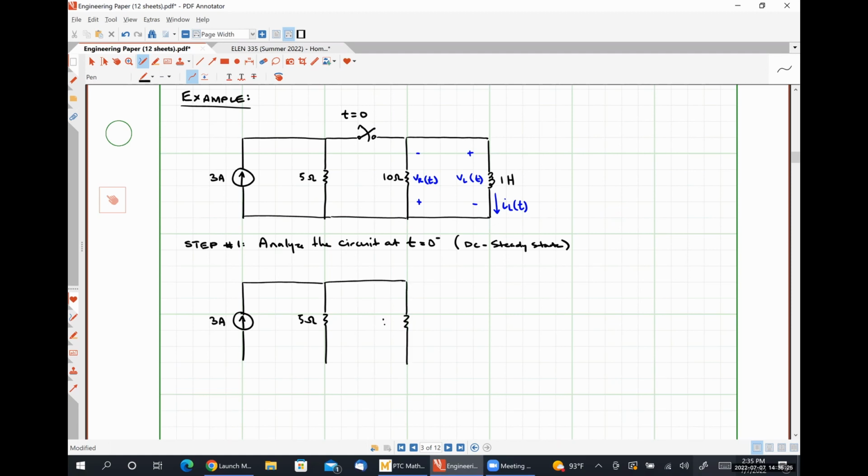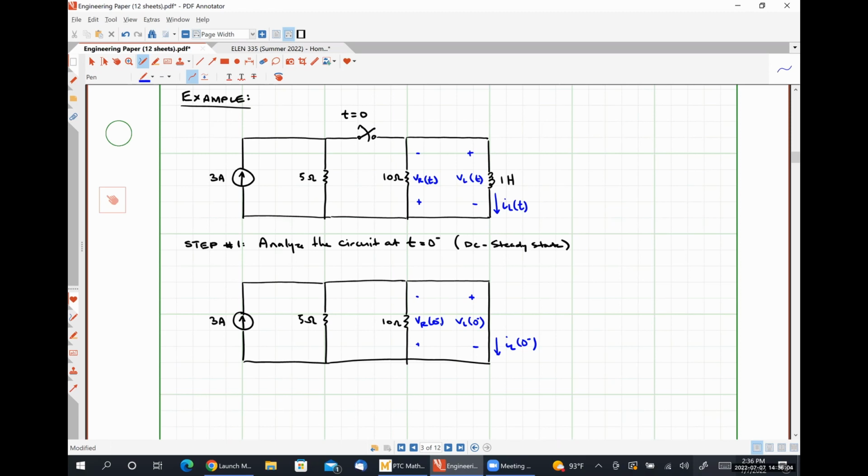Then I have my 10 ohm resistor here, and I'm replacing my inductor with a short circuit because we're at DC steady state. I'm going to identify our quantities of interest. So here is IL at 0 minus. Here is VL at 0 minus. Here is VR at 0 minus.